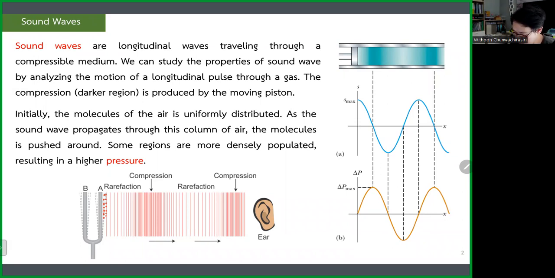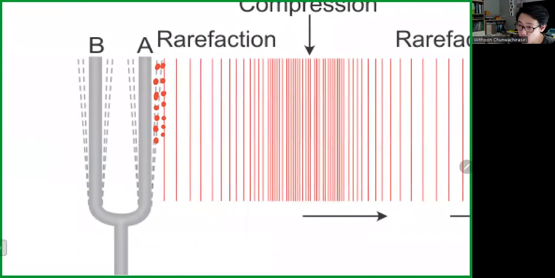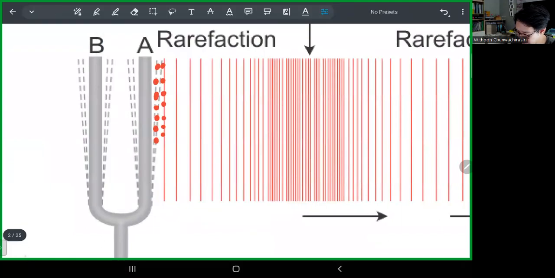Okay, so in conclusion, sound is a longitudinal wave. Everyone knows it, because the air oscillates in the horizontal direction in this configuration, and the wave itself travels in the horizontal direction.